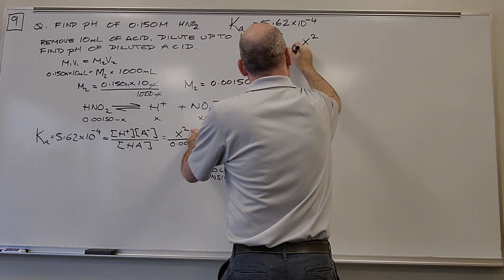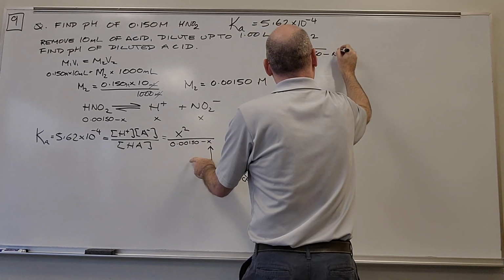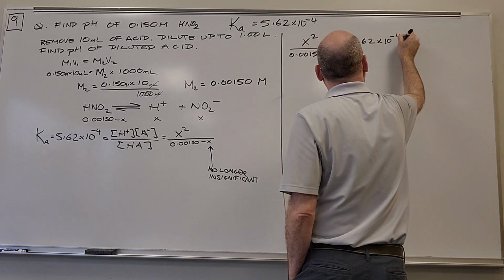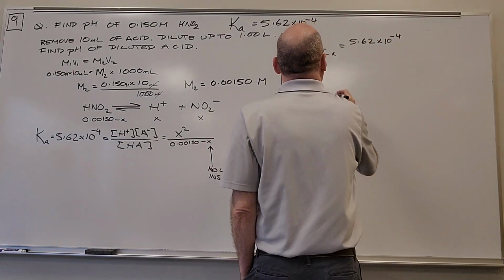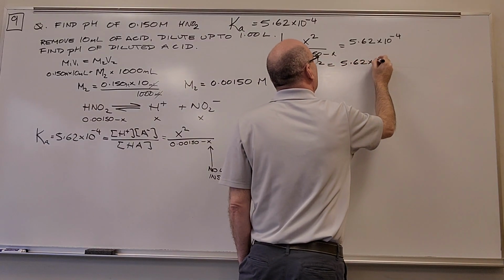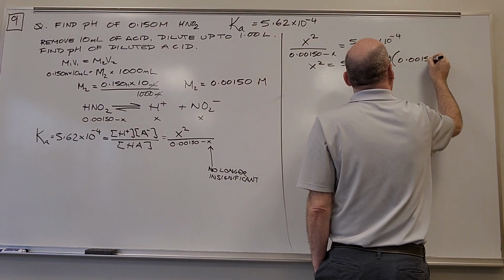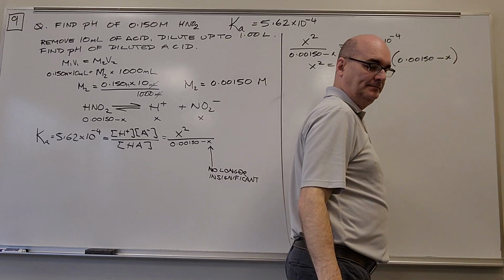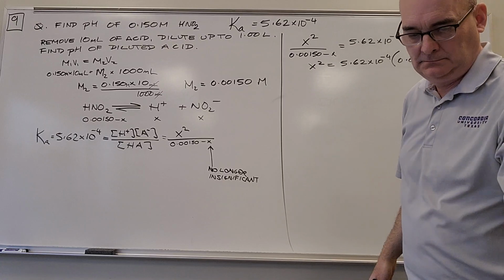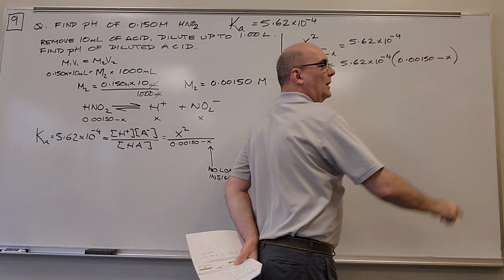So x squared over 0.0015 minus x equals 5.62 times 10 to the negative 4. That means x squared is 5.62 times 10 to the negative 4 multiplied by 0.0015 minus x. I'm going to multiply into that bracket.